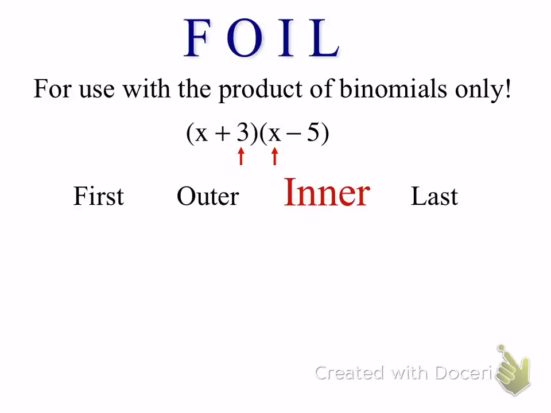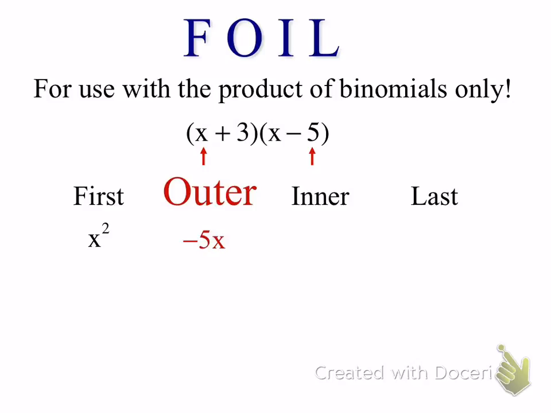So when I multiply my first terms, what do we get? X squared. When I multiply my outer terms, what are my outer terms? X and negative 5. What do I get, Jacob? You get negative 5x. Yep. When I multiply my inner terms, what do I get, Jacob? 3x.